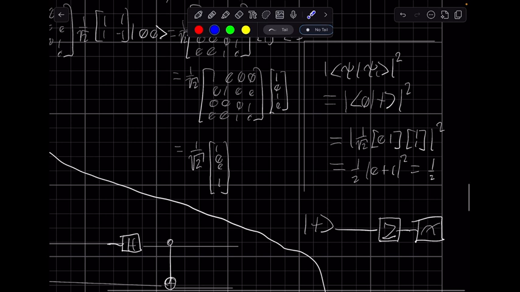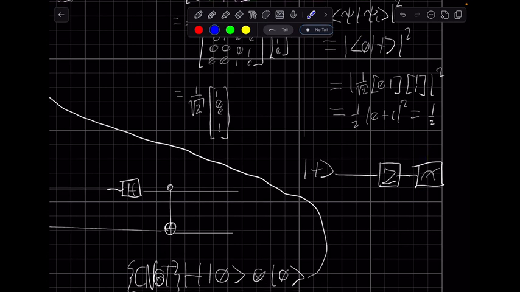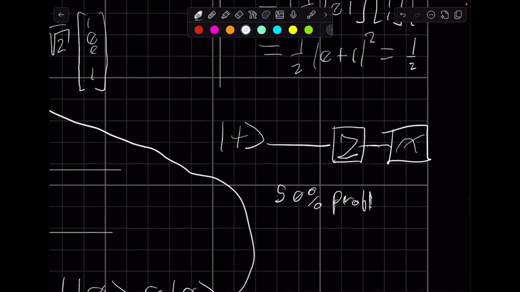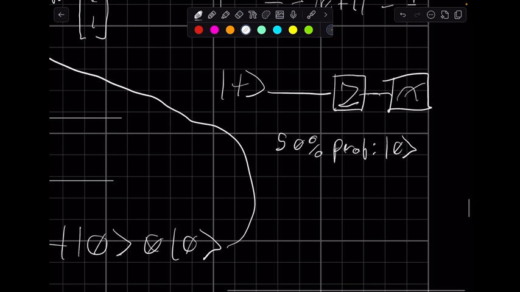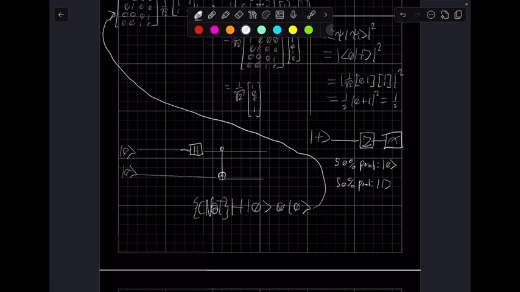The other 50% probability just goes into being 1 here instead of 0. So you basically have 50-50 odds of seeing, I'll just write that out, a 50% probability of observing 0 and a 50% probability of seeing this 1 state.